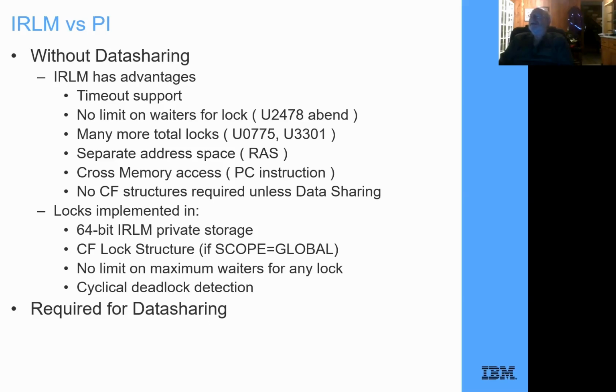And again, you don't need a CF structure unless you're data sharing. The locks are implemented in 64-bit private. You need the lock structure if you are data sharing. No limit on the maximum number of waiters. Cyclical deadlock detection. And if you are data sharing, you need it.